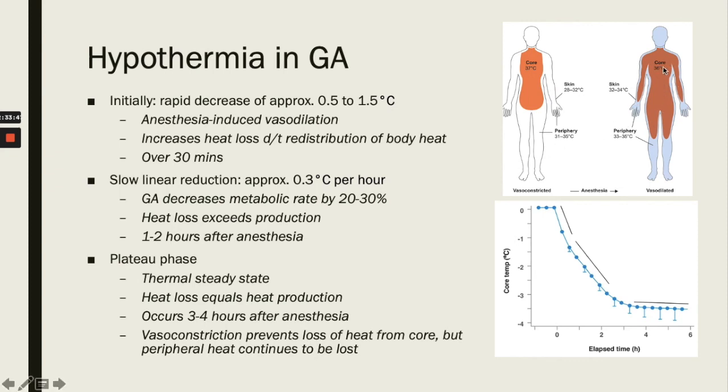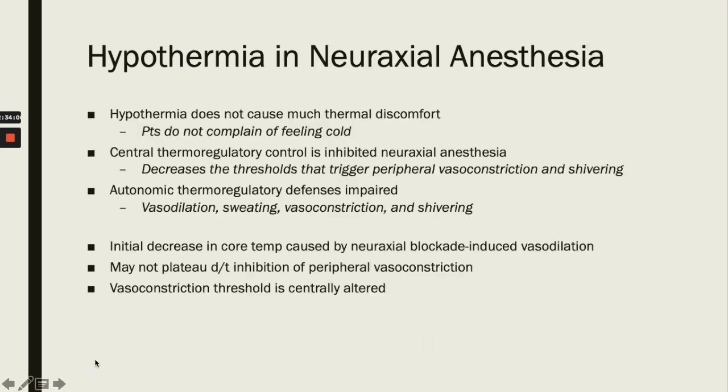So here, in our core, we're preventing loss, but in the periphery, so hands, legs, head, we're prone to losing heat. So that's when our adjuncts to keep our patients warm come into play.